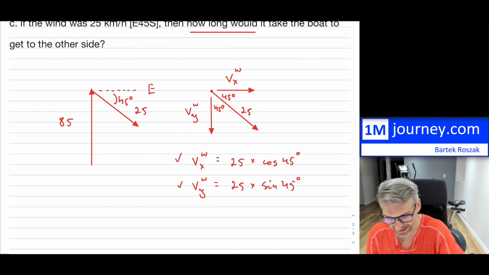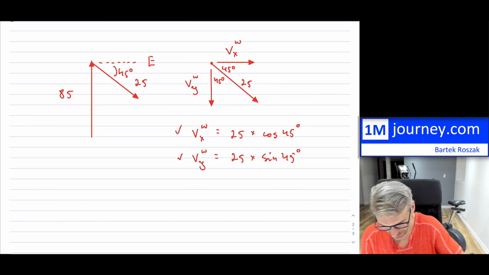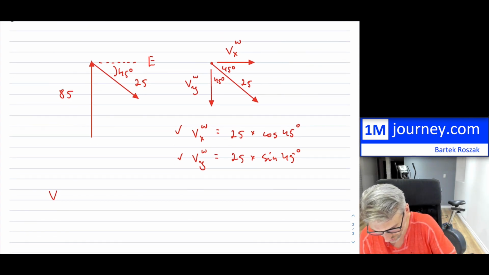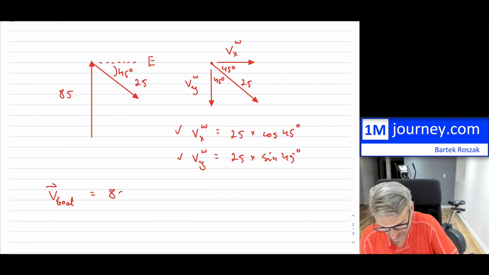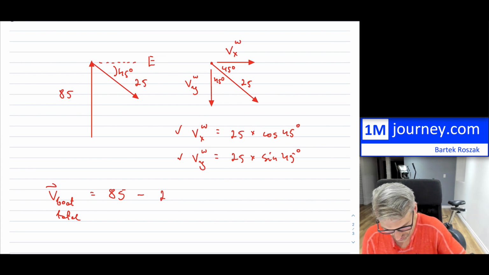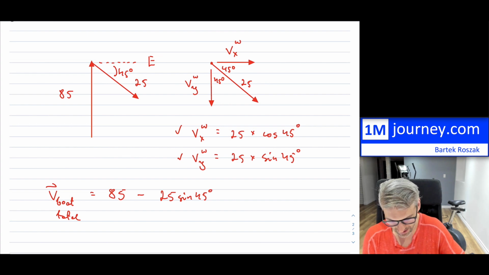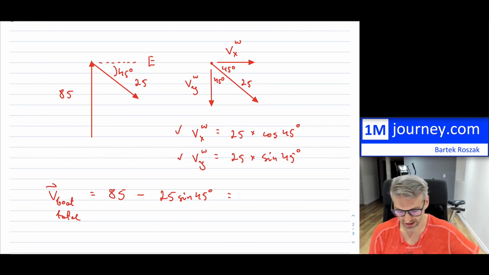So the actual velocity of the boat is going to be the 85, which is the total velocity, minus 25 sine of 45 degrees.